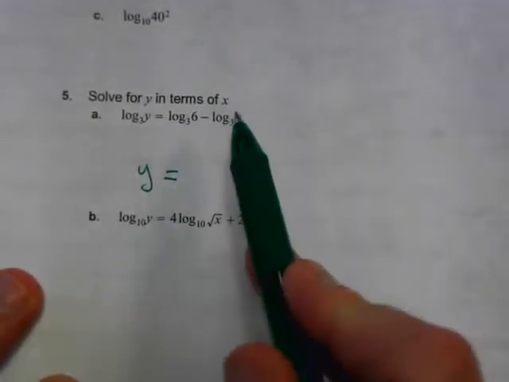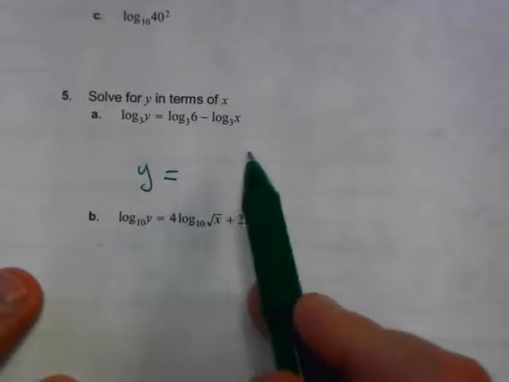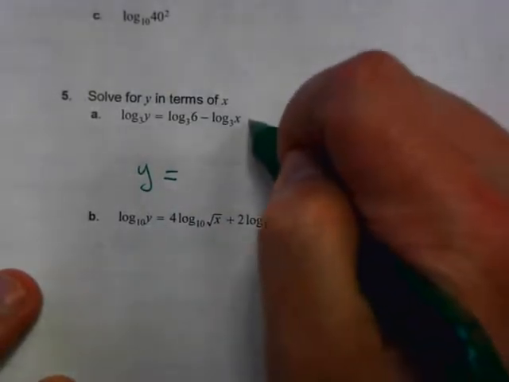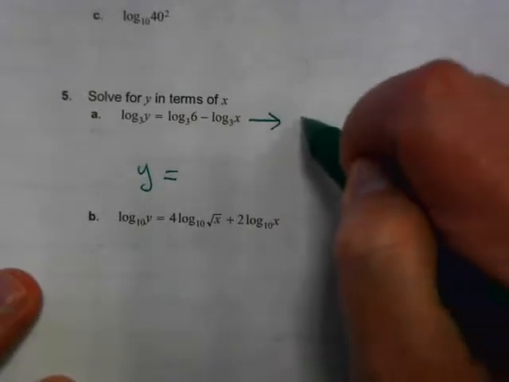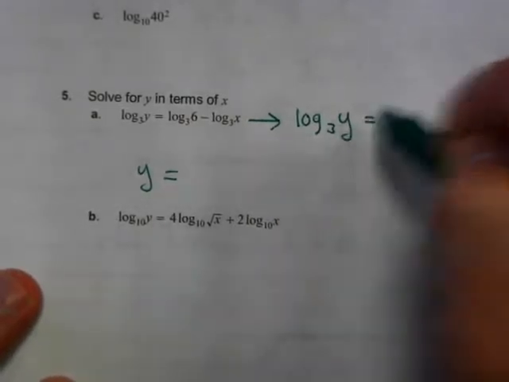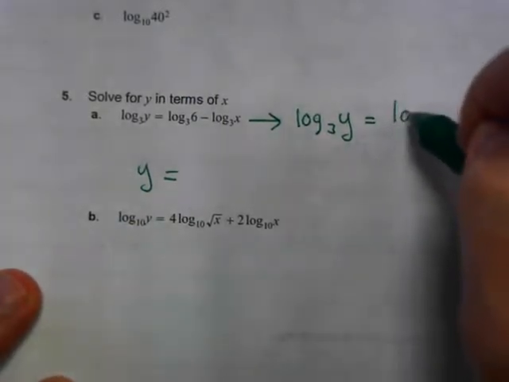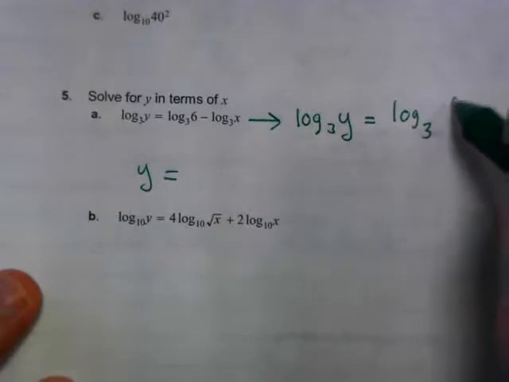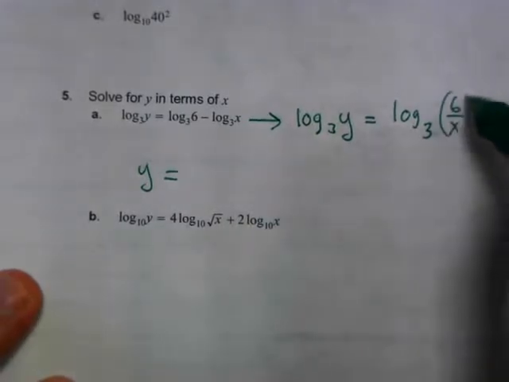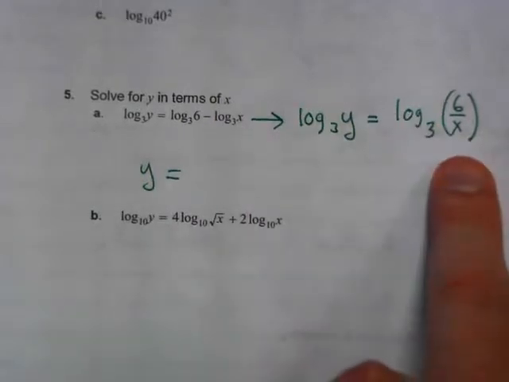It might not just be y equals x, it's going to be something else. So I think we're going to have to write this as log base 3 of y equals log base 3 of 6 divided by x. So we combine those two logarithms into a single logarithm.